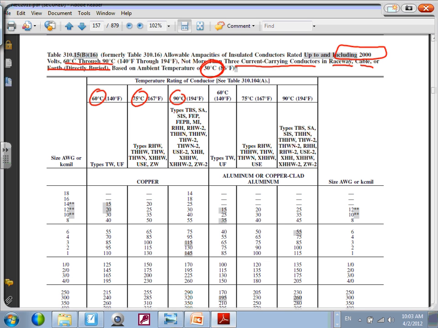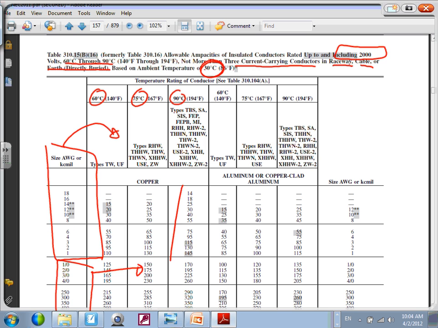From now on, guys, unless you know otherwise, we said, I don't know if you guys remember, if your conductors from here up, you default, unless you know otherwise, to 60, to the 60-degree column. From here down, unless you know otherwise, you're defaulting to 75. And what do we use this one for, guys?